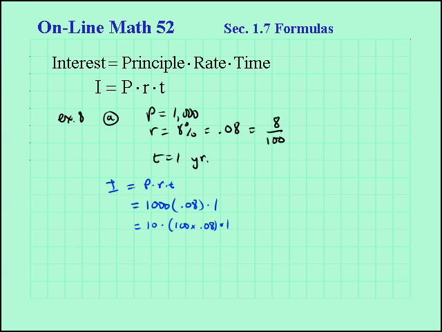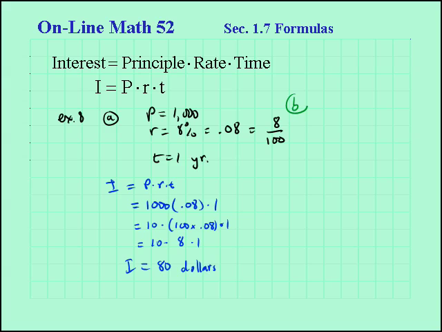Now, times 1 makes no difference whatsoever. This is just 8. 100 times 0.08 times 1 becomes 80. And it's in dollars. Interest is always in dollars, so we can write $80. Okay. I made that probably more difficult than it needed to be.